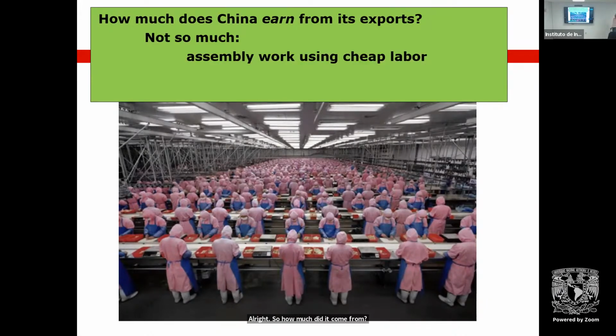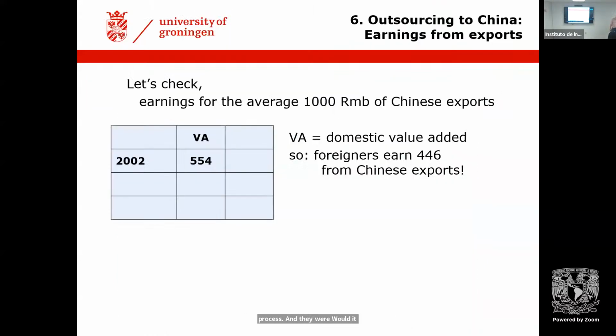Well, this was the idea of processing trade, processing export, assembly work using cheap labor, so they don't earn very much from these processing exports. That's what we've seen. And so the Chinese policy was we must do better. So they started a policy of upgrading their production process. And they were reasonably successful.